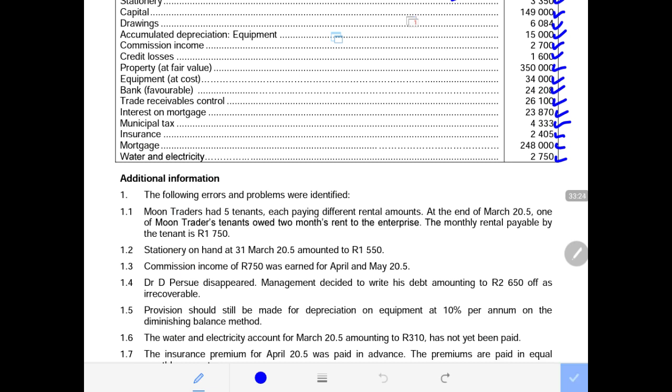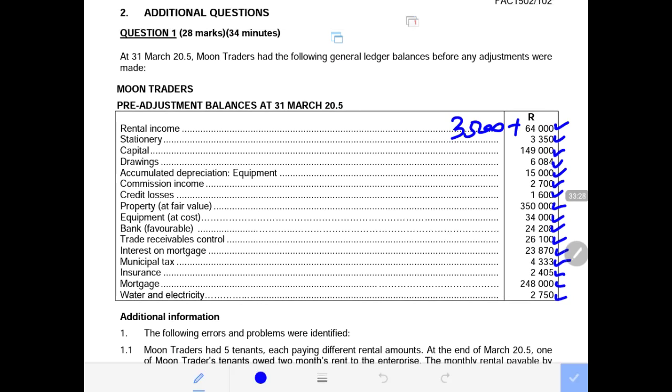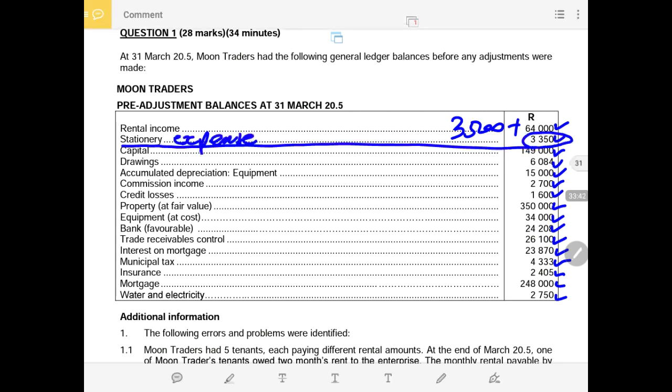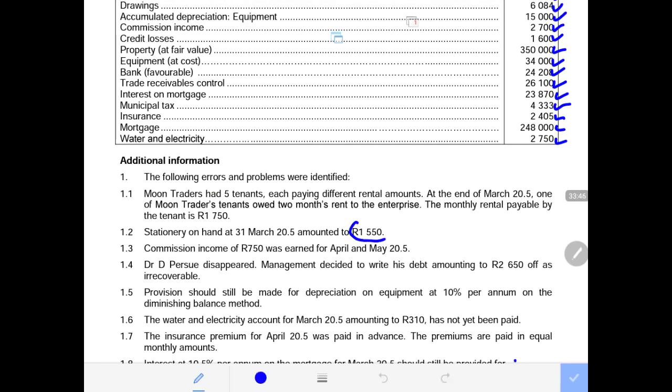Now, the stationery that the company bought during the year was recorded as an expense, meaning it was recorded under the stationery expense account. But at the end of the year, they are telling us that the stationery that is left is worth 1,550.